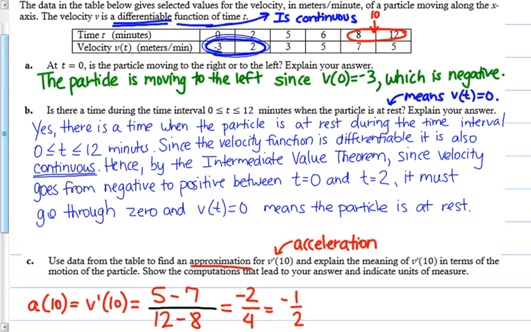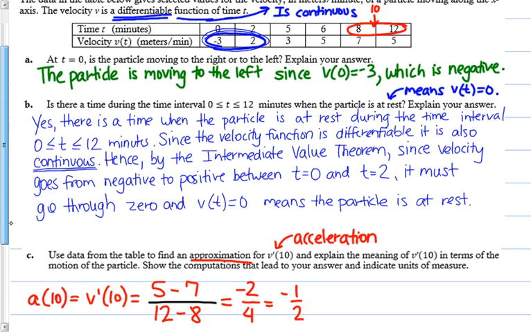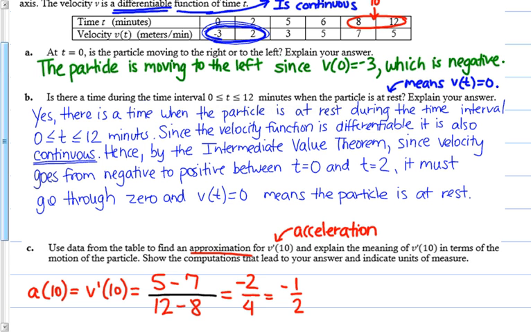Now, my units of measure. I need to be careful with that. If I look at my table, time, which was the 8 and the 12, the bottom part, was in minutes. So this is actually 2 minutes.